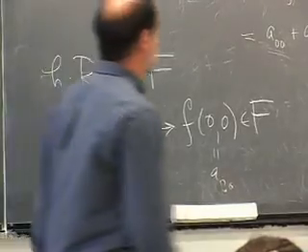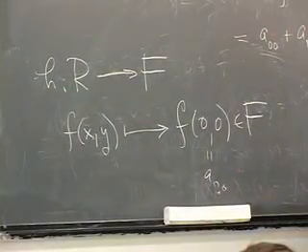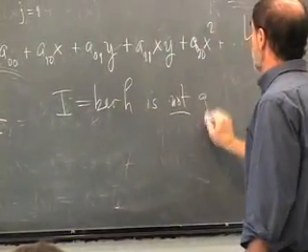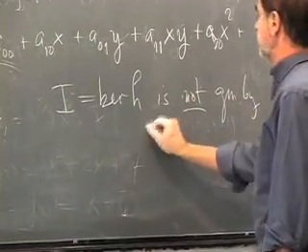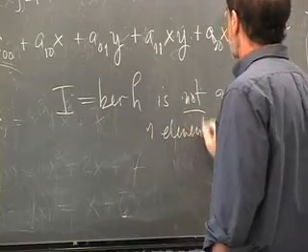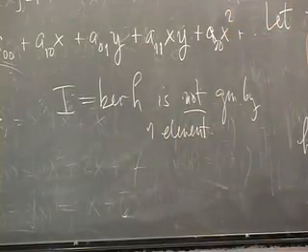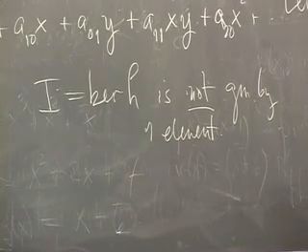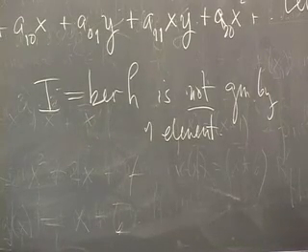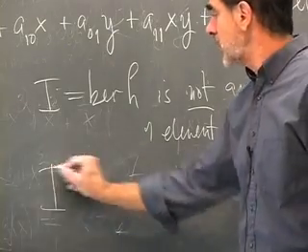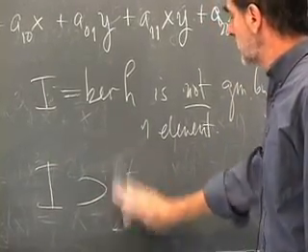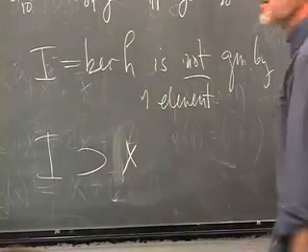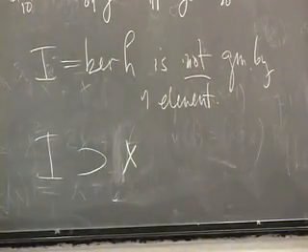What's its kernel, I? It is not generated by one element. So it's not principal. Why? Well, are there any constants in I? No, just 0. But can you give me some simple polynomials that are in I? Yeah, it certainly contains the element x. It certainly contains the element y. I mean, the polynomial x goes to 0.